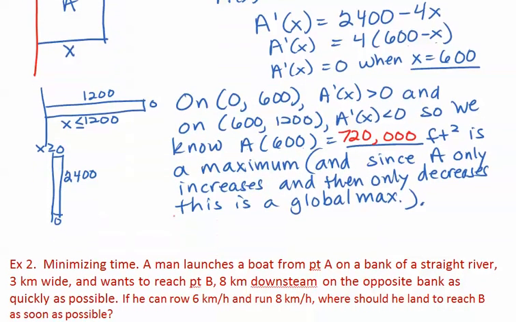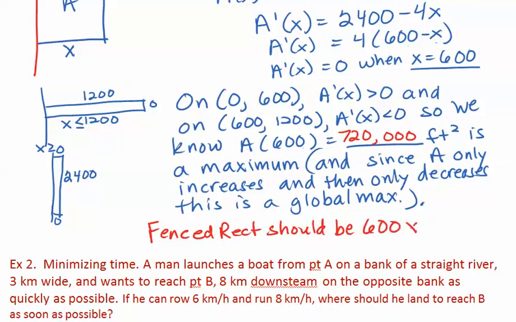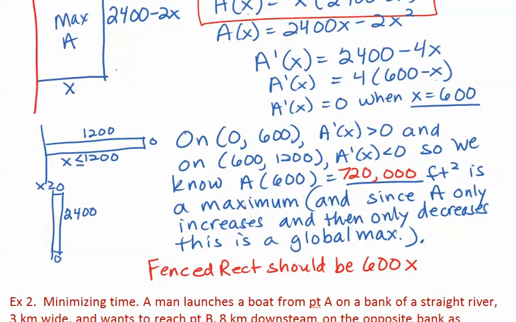And we know how to build that. So we could clarify. The fenced rectangle should be 600 by, so if we look at our picture here again, maybe that might help.